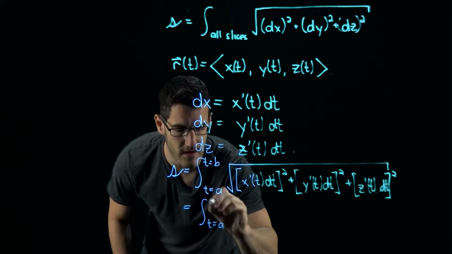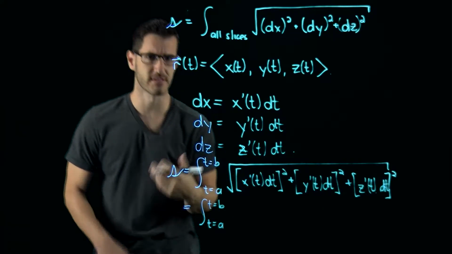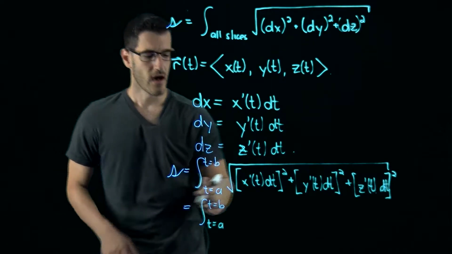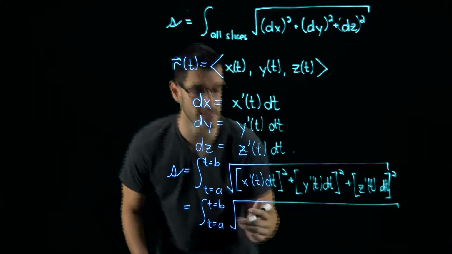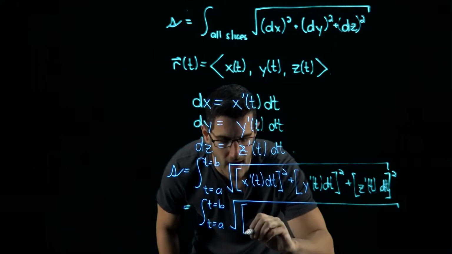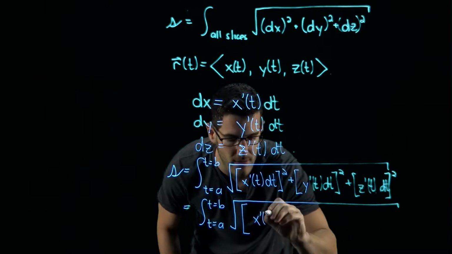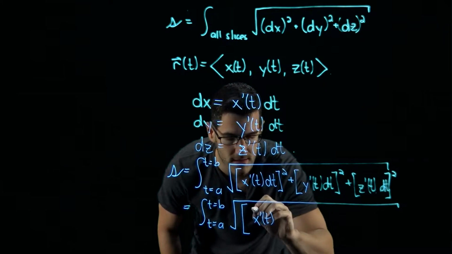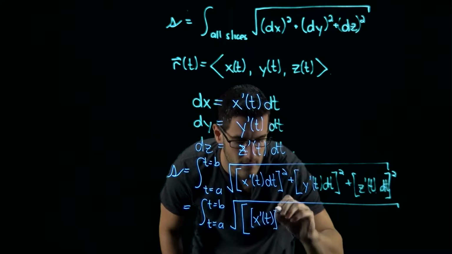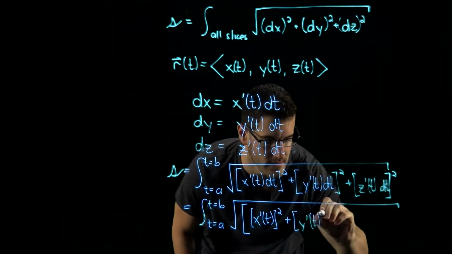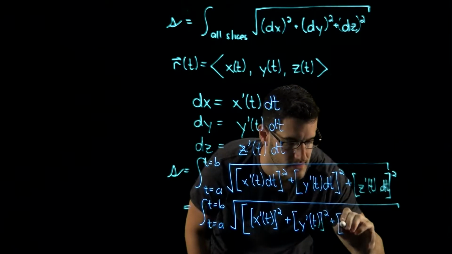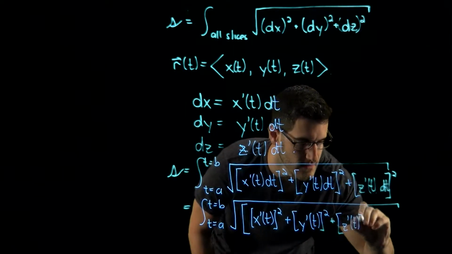So after a little bit of algebra, just square out each of these. Each of them will have a dt squared. And so what I can now write here is x prime of t squared plus y prime of t squared plus z prime of t squared.